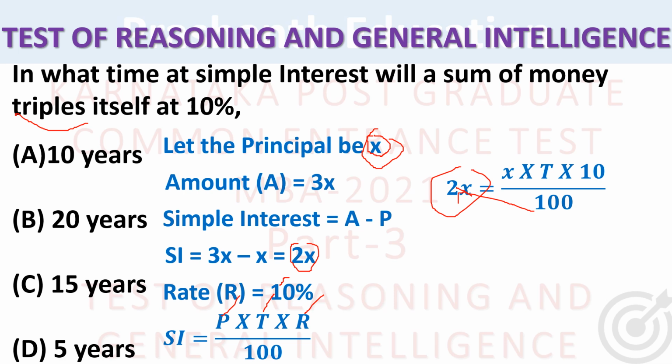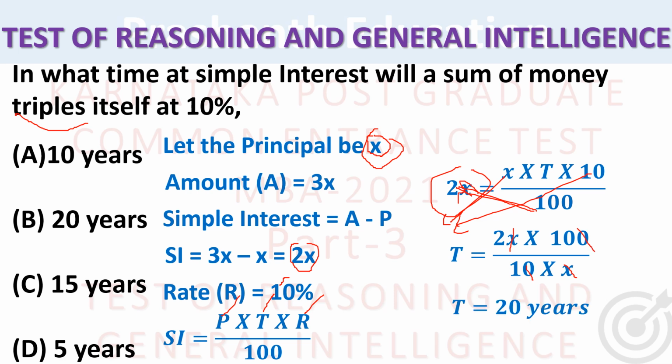Then t is equal to 2x into 100, divided by 10x. Now the x cancels with x, and 100 divided by 10 gives 10, so t is equal to 20. So the correct answer is B, t is equal to 20.